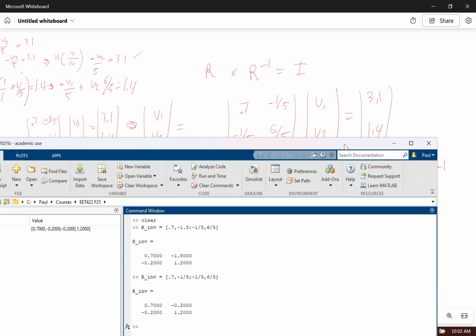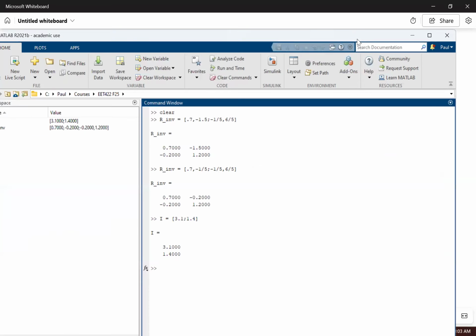Looks pretty close, right? Okay, so now for my current matrix, I'm going to enter an I, and that's going to be equal to open bracket 3.1, and then I'm going to use a semicolon because I'm moving to the next row. 1.4, close the bracket. Now I'm going to move this up. Does that look like my 3.1 and 1.4?